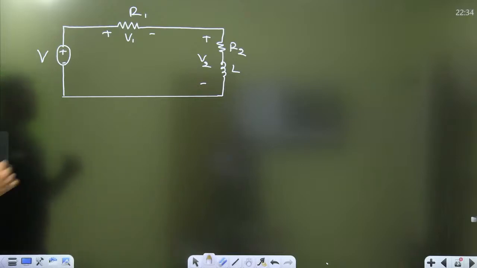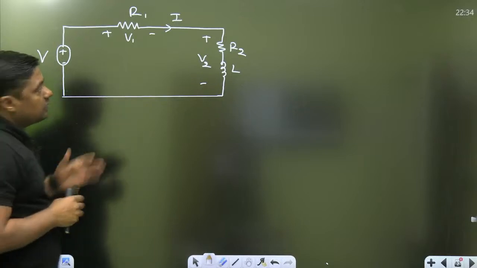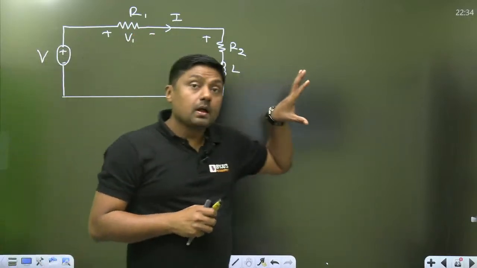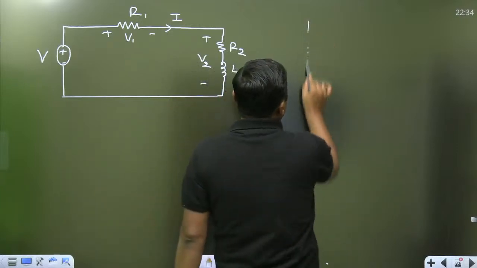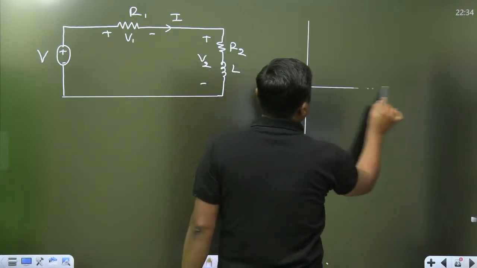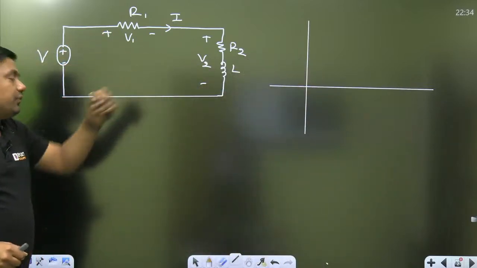V means what? Resultant means what? The current will remain same. This is the current. Try to understand this concept. Because in series the current will remain same, we can make a diagram. So reading of this voltage is given, V1 is given and V2 is given.